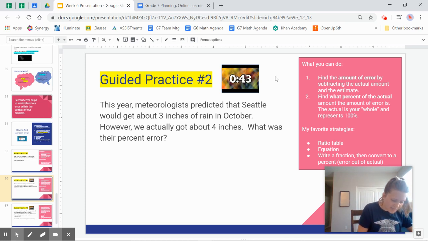First step, just jot down that key information from the question. What is the estimate and what is the actual?